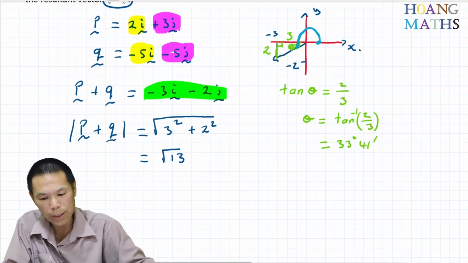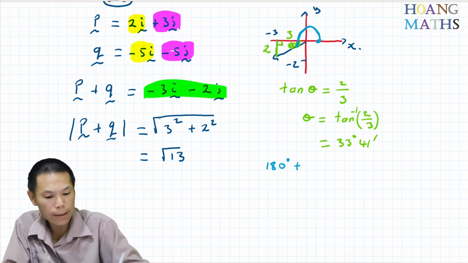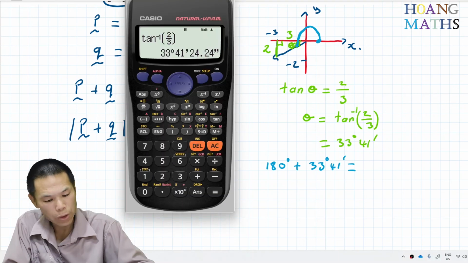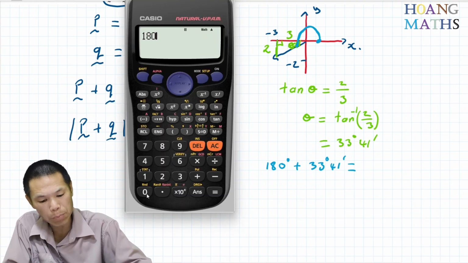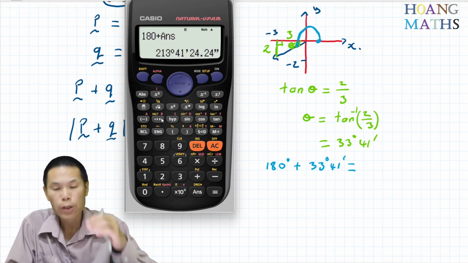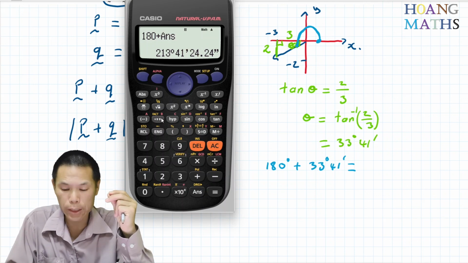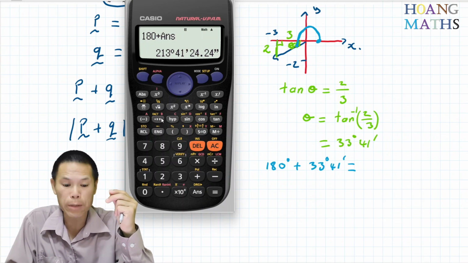So let me just write this down. 180 plus 33 degrees and 41 minutes. That will give me, just go 180 degrees plus the answer and the DMS button. So there you go. The direction is 213 degrees and 41 minutes.